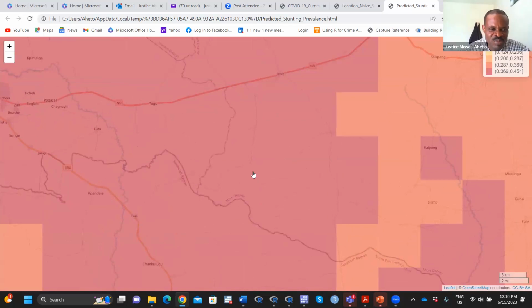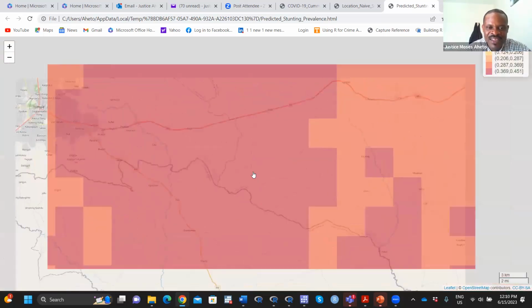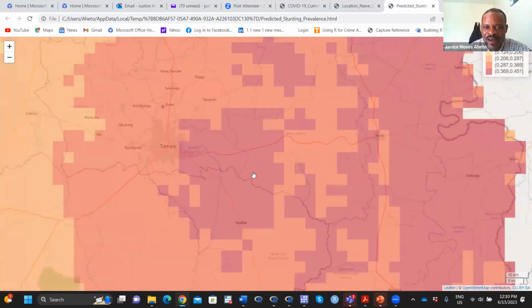But based on this procedure of developing the web-based map, rather than the static one, I can now tell where these areas are. Because you don't have the resources to roll out intervention to cover everybody in the region, with the little resource Ghana has, we can go to these red areas and roll out the intervention for them, because they are the ones most in need at the moment.